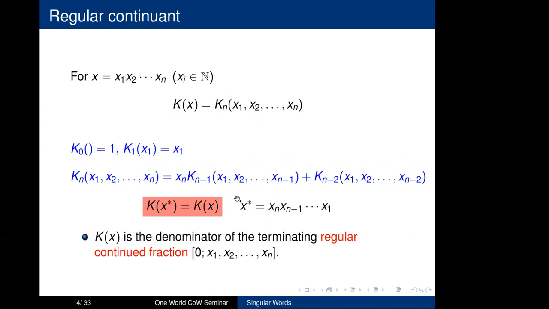One key property is that it's invariant under reversal. So here X star represents the reverse of a word. So K is constant if you reverse the word. And as you all know, it corresponds to the denominator of the terminating regular continued fraction with partial quotients x1 through xn. Of course, the numerator also is a continuant.